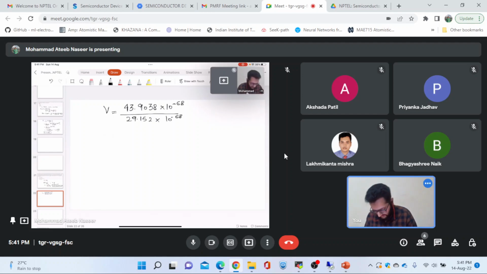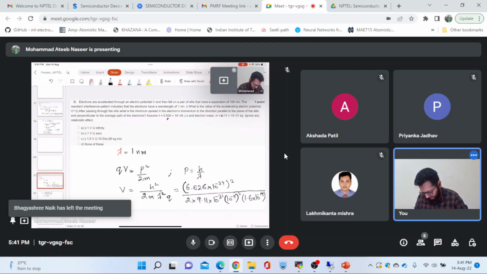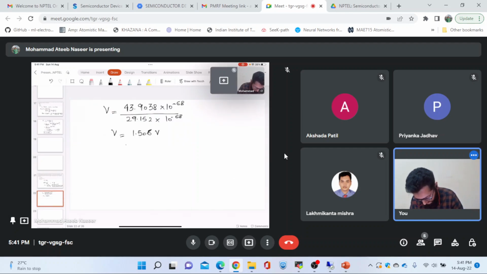So this V is equal to the division of these two, 43.9038 divided by 29.152, and it will come out to be 1.506 volts. So we can write it to be approximately 1.5 volts. So this V is 1.5 volts.